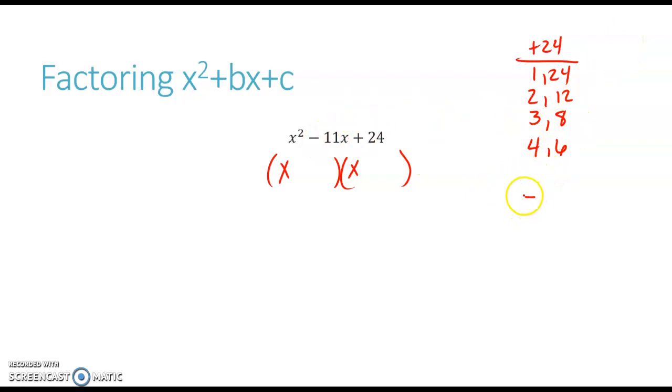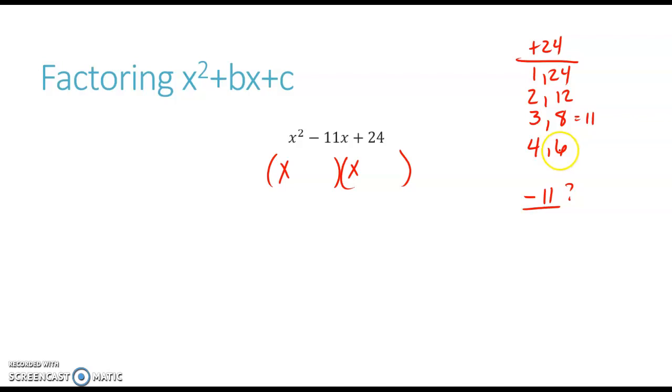So 24 and 1 will either be 25, or if I subtract 23. If I add 2 and 12 it's 14. If I subtract, it's 10. Neither of those are 11. If I add 8, 9, 10, 11, so this one is 11.